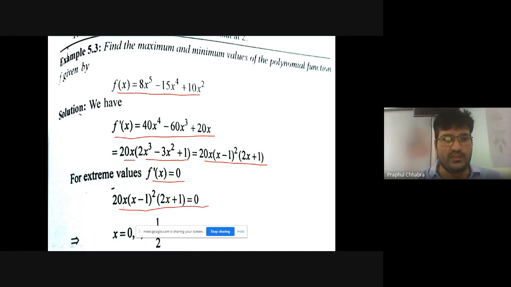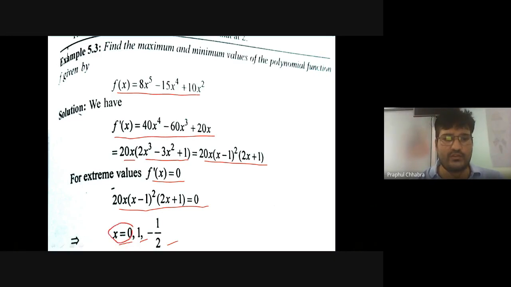It means x is equal to 0. x is equal to 1 because x minus 1 whole square is 0. And if 2x plus 1 is 0, then x is equal to minus 1 by 2. So we are getting 3 points.